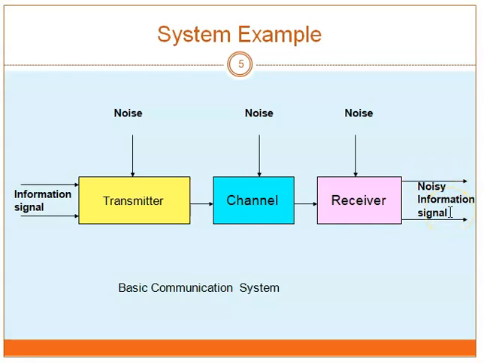It's because when the incoming signal goes through the system, noise comes into each of the blocks. You have noise coming into the transmitter, noise occurring inside the transmission channel, and noise occurring in the receiver. That's why you will have an information signal that has noise, which is not ideal.